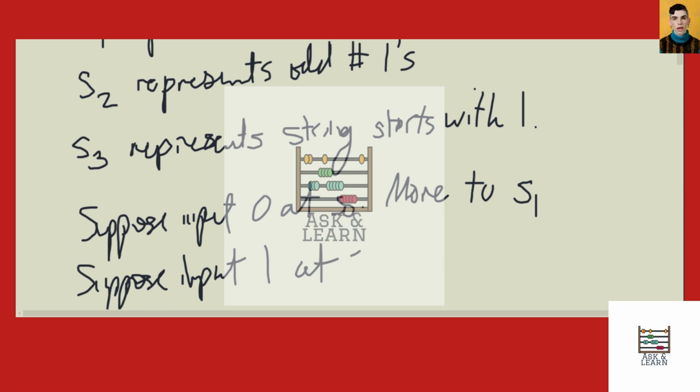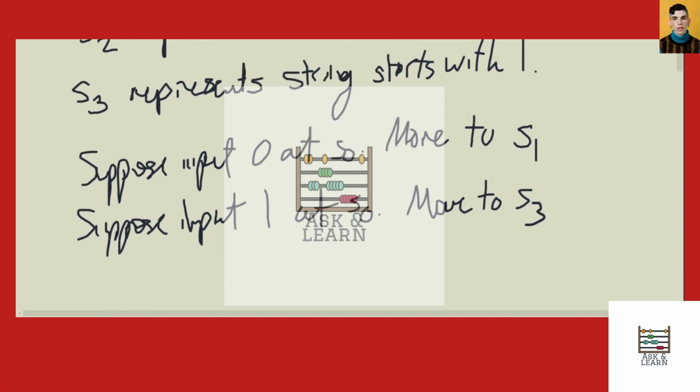And suppose instead that the input is a 1 at S0. Then we're going to move to S3. And we see that we're going to remain at S3 no matter what the input is.